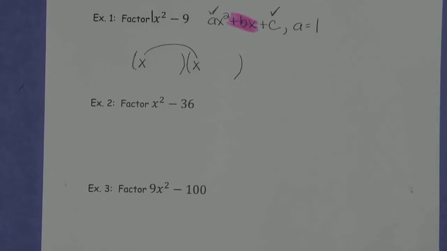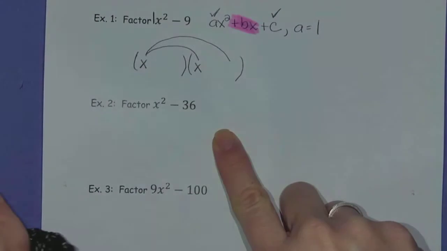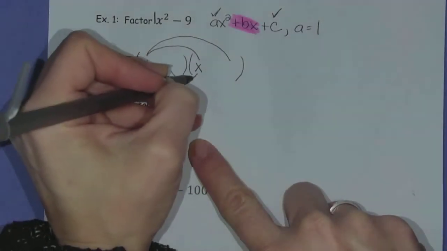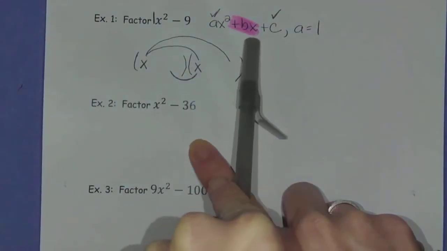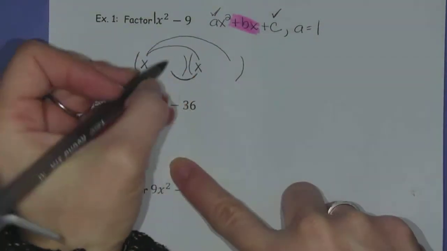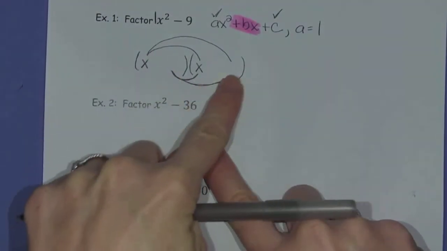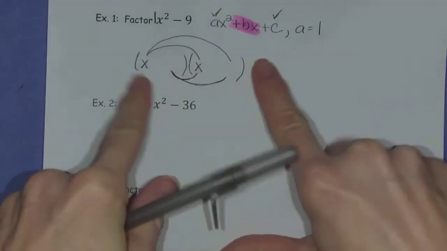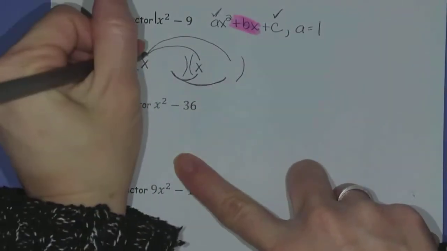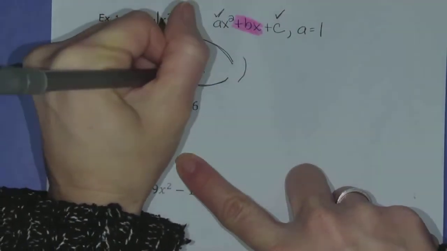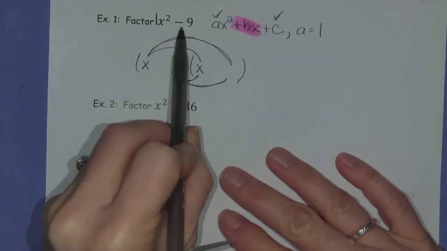So we've got to figure out something that when we multiply here, like we always do, and combine like terms with this product, it's going to cancel out. And we've seen these before in the last chapter, that sometimes happens. And then we need to get that -9 when we multiply. So again, I'm just thinking out loud here. The middle term, the bx, is missing, so when I combine my like terms, they have to drop out, but I also have to be able to multiply to -9.